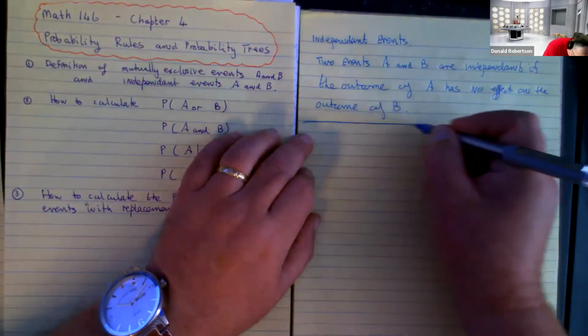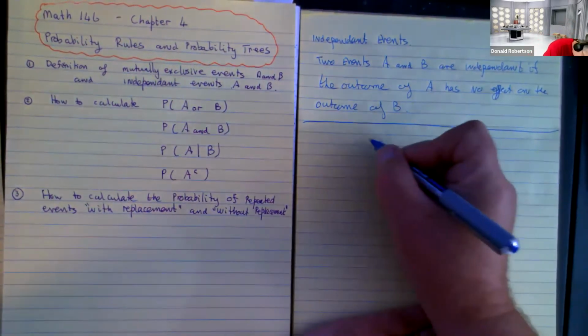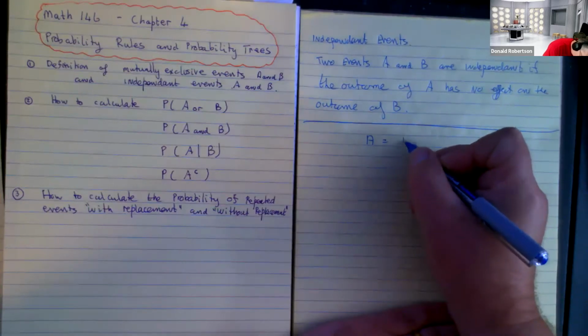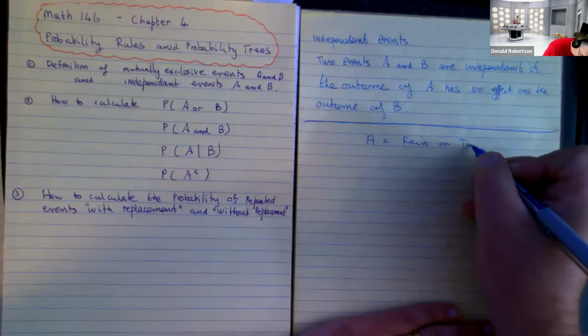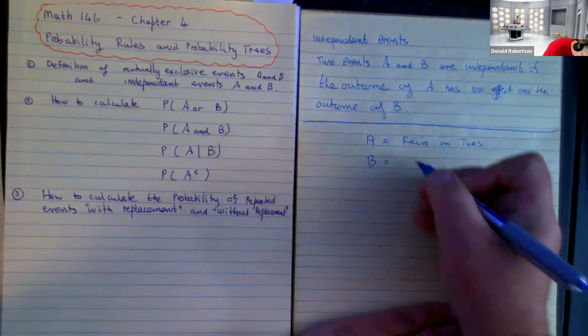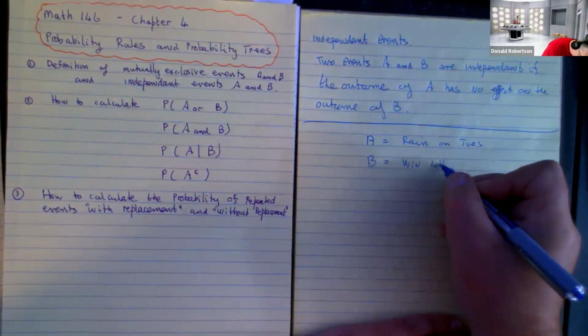Now, there are different kinds of situations where independent events crop up. Suppose A is the event that it's going to rain on Tuesday. And let B be the event that I win the lottery.